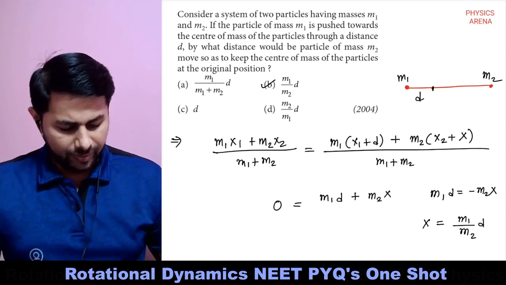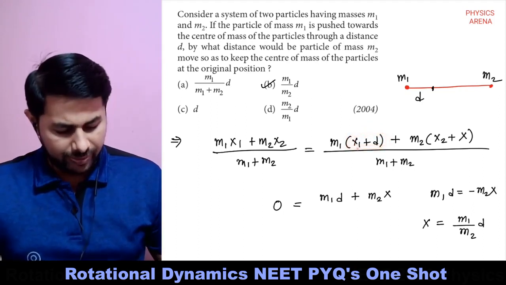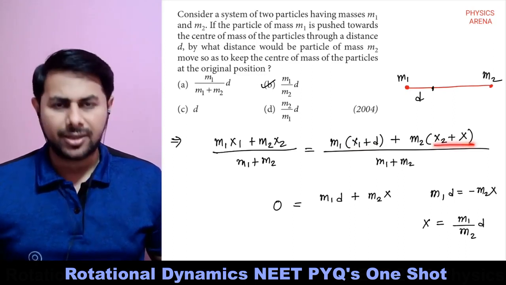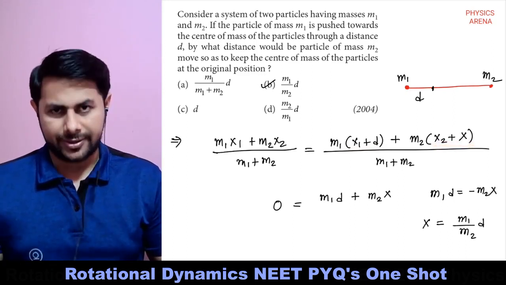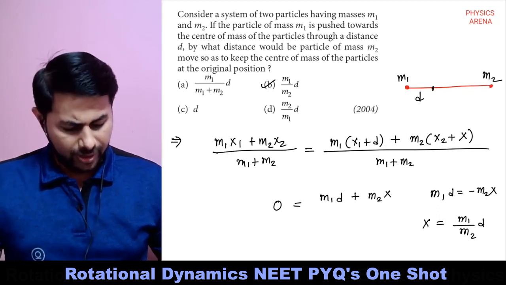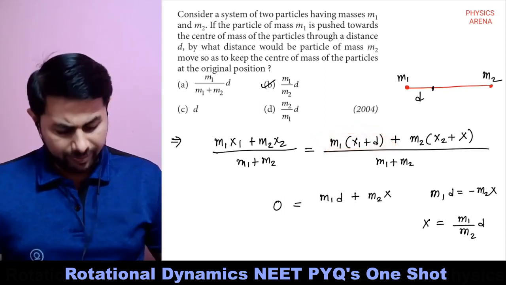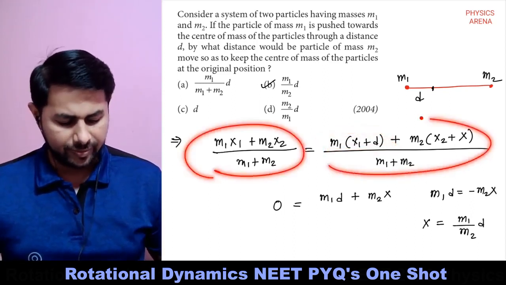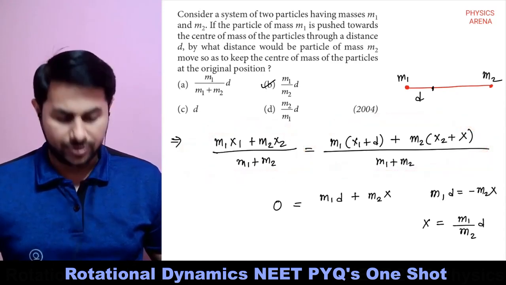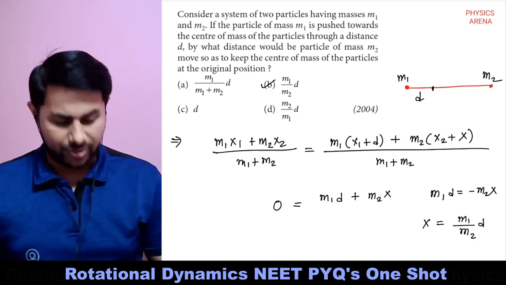So, what happens? Now, the new coordinates of first and second particles will be what? For first particle, it will be x1 plus d. For second particle, it will be x2 plus x. And that x we have to find out. Then, because center of mass is same, I have equated this thing. So m1 x1 plus m2 x2 divided by m1 plus m2 was the original center of mass.